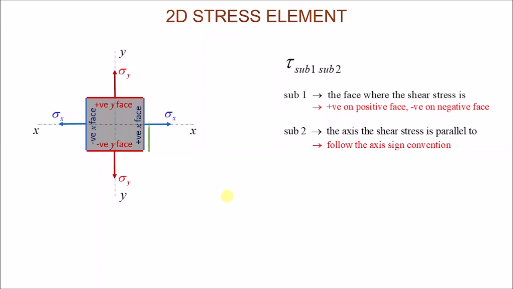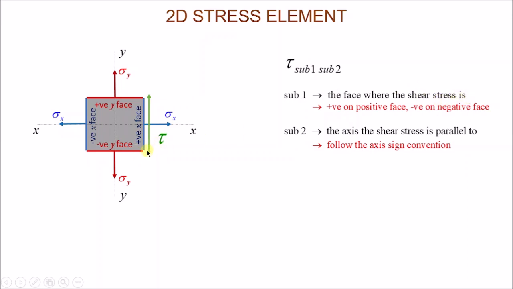And so let's say we have a line like this, and this is the line that represents a shear stress, okay? Because it represents a shear stress, we will already write the Greek letter tau for shear stress. And now we need to label this shear stress and give it subscripts. As I explained earlier, we have two subscripts. The first one is the face where the shear stress is.